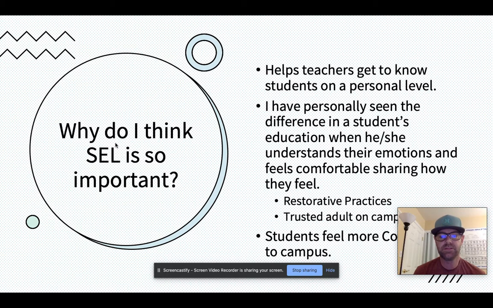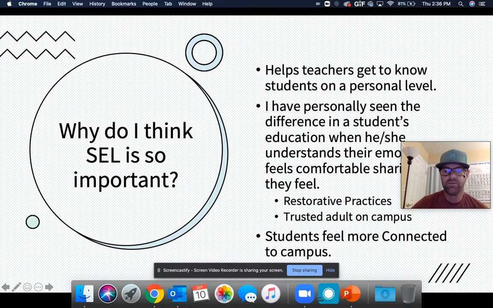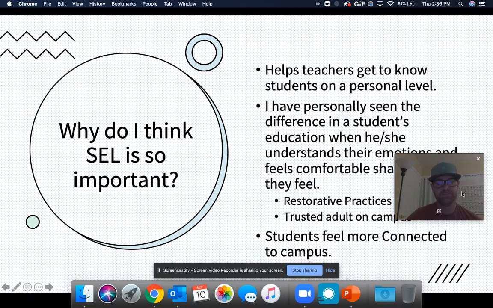And these students that have developed this trust with me, I see that they work harder in my class, and they're more willing to put effort in, knowing that I care about them. So it's incredibly important to make these connections. And finally, students just in general feel more connected to the campus.